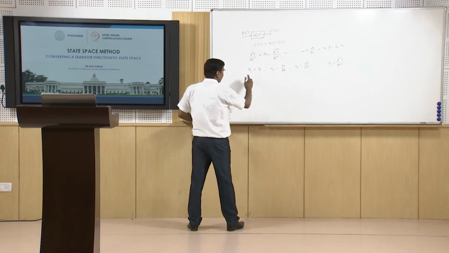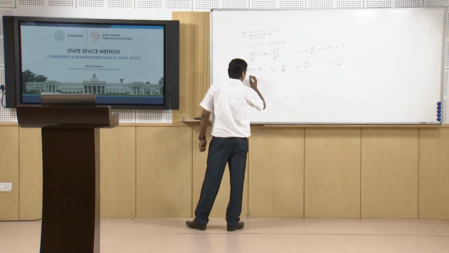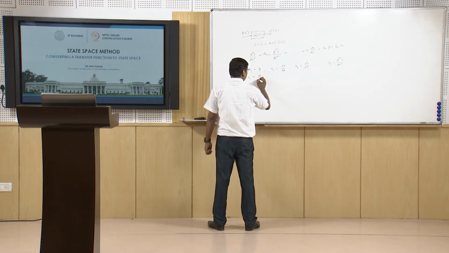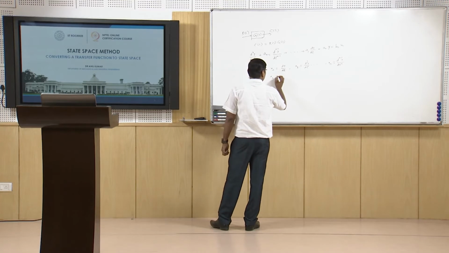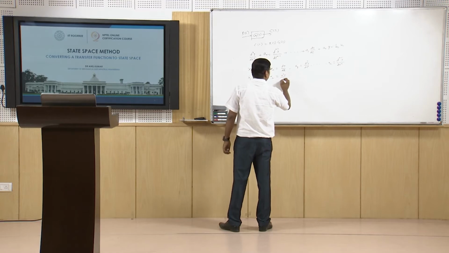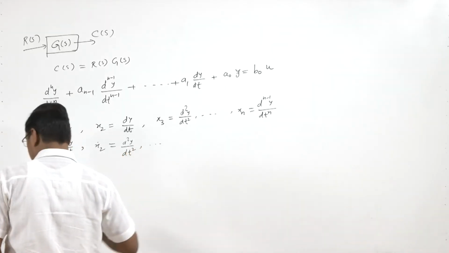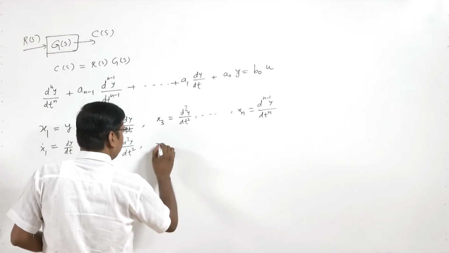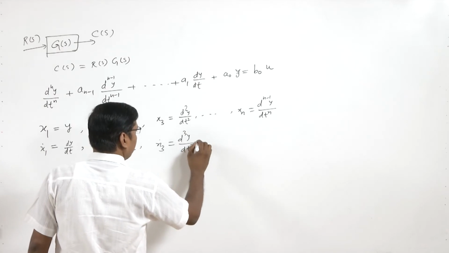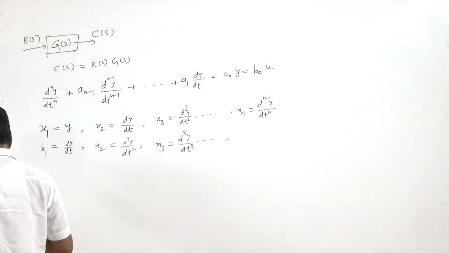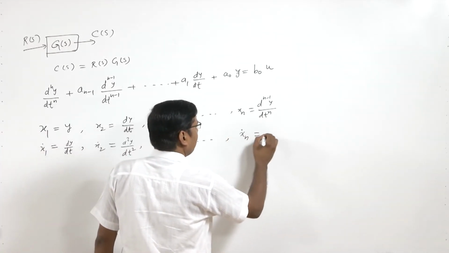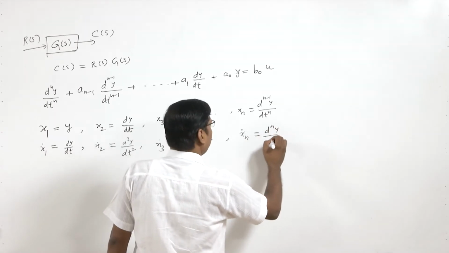So now we have x1 dot, that is dy by dt, and x2 dot is d square y by dt square. Here x3 dot equal to d cube y by dt cube, and xn dot equal to d^n y by dt^n.